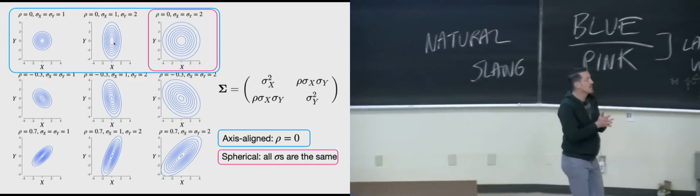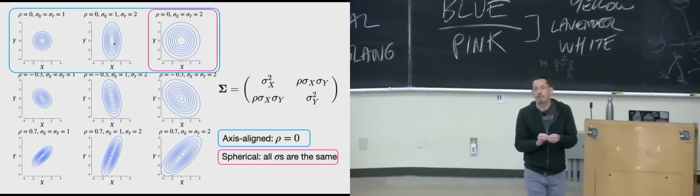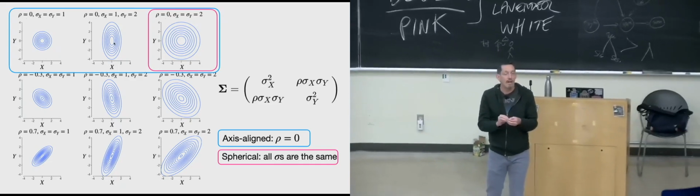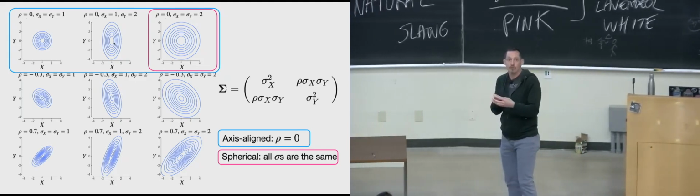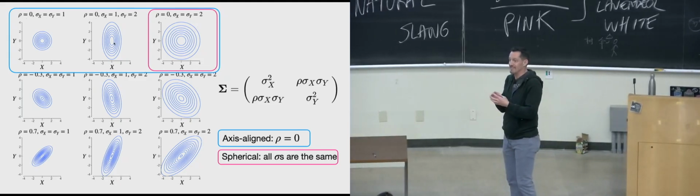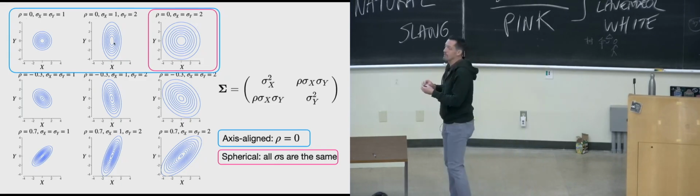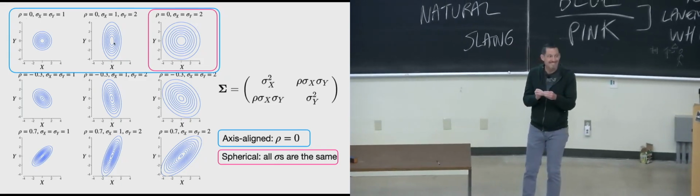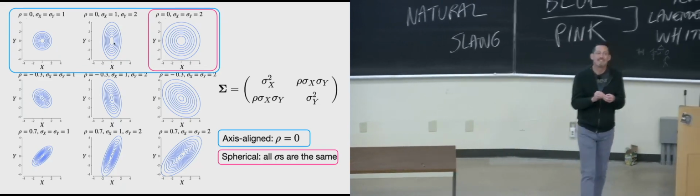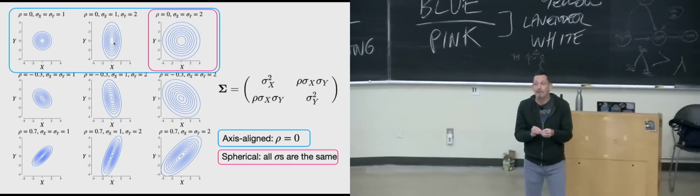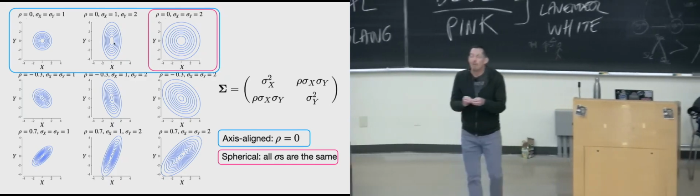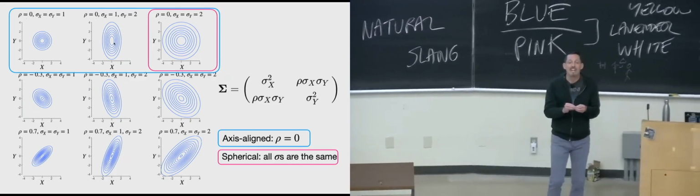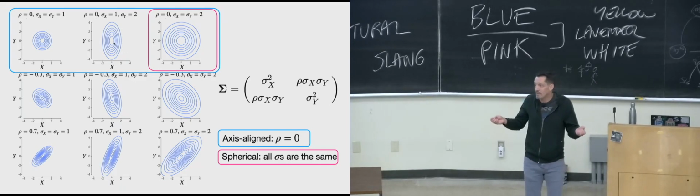Okay? So, why am I talking about spherical Gaussians? There are clustering algorithms, naive Bayes, which assume spherical structure in the data. There are clustering algorithms that do not. Okay? So it's important to understand what you're assuming. The one thing about all the axis aligned is that x and y are independent of each other, right?